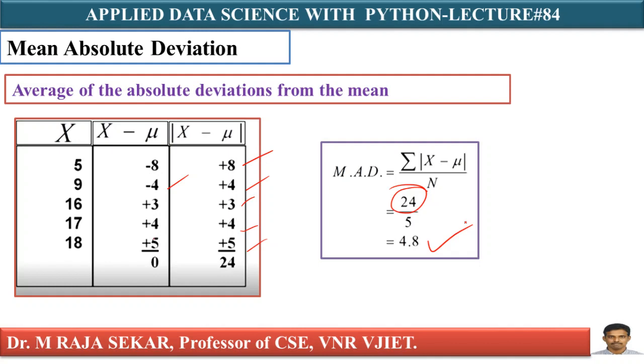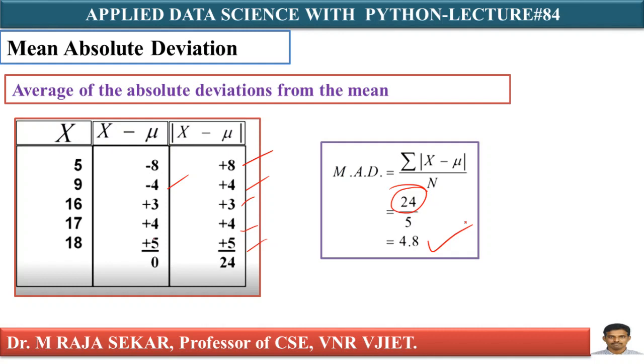There was a problem in the mean absolute deviation. I will tell you what the problem is. In the case of mean absolute deviation, we have taken positive values. Now we are going to square the deviations. Squaring the deviations has some advantages. One advantage is you can remove the negative sign. Second, the more the deviation, the more it increases when you square that number.